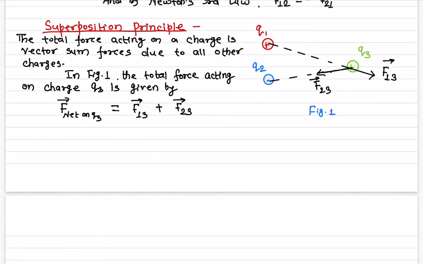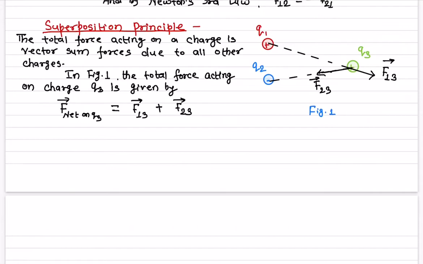The first thing you have to find out is the force acting onto the charge 3 due to the charge 1. And then you have to find out the force acting onto the charge 3 due to the charge 2. This charge is positive, this is positive, and this is negative.